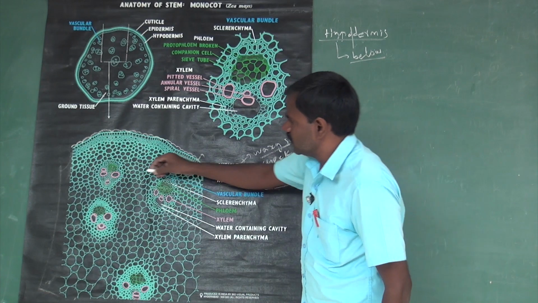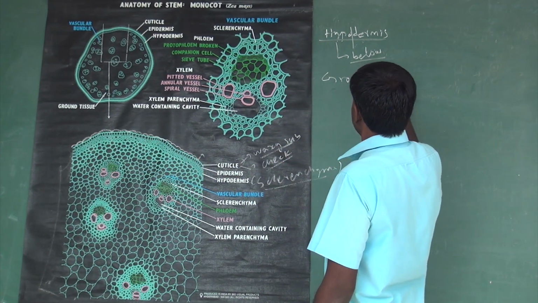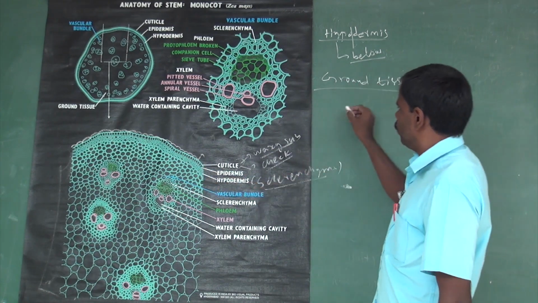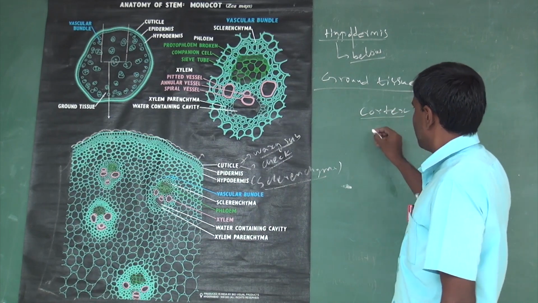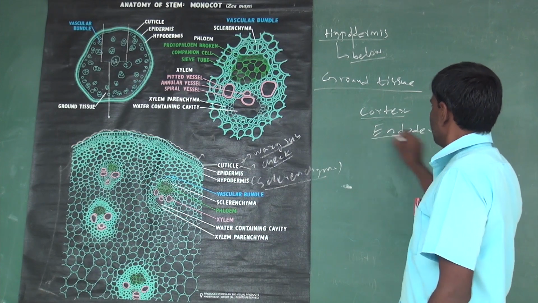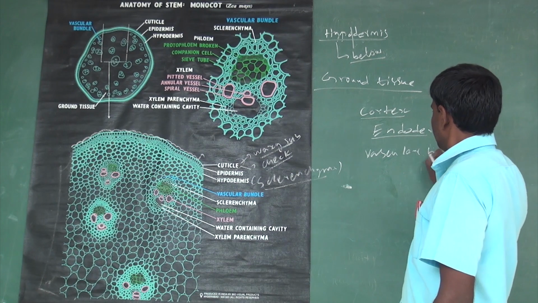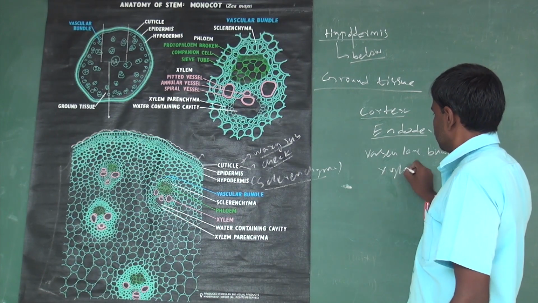The next layer is called ground tissue. Ground tissue is not distinguished into cortex, endodermis, pericycle, vascular bundle, and xylem and phloem elements.